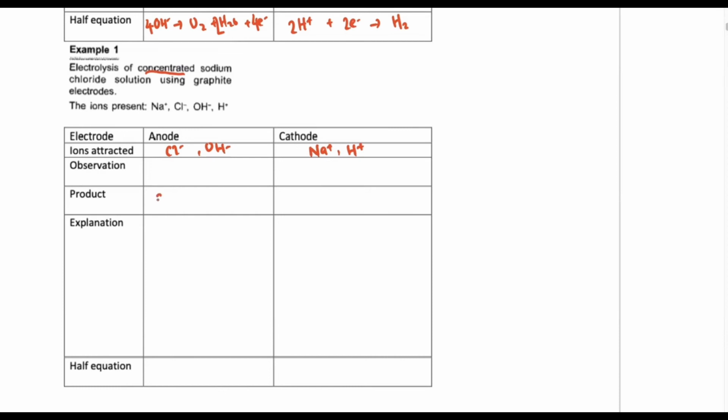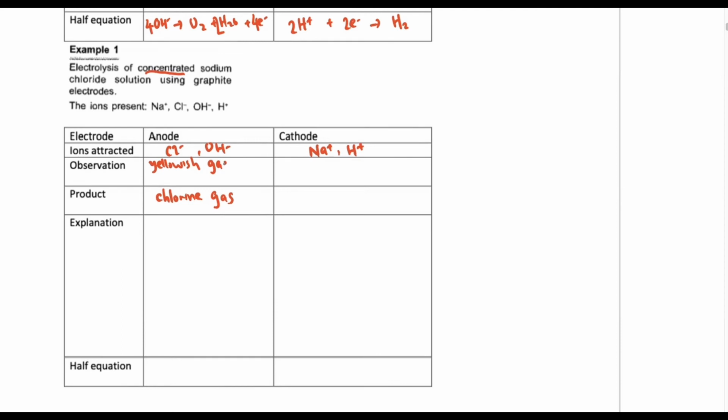So chlorine gas. For the observation, you have to know this is a greenish or yellowish gas. Let's say I just write yellowish gas. It's around green to yellow.